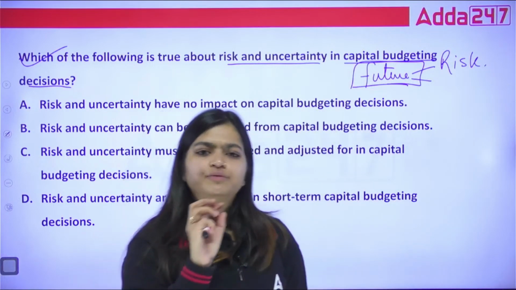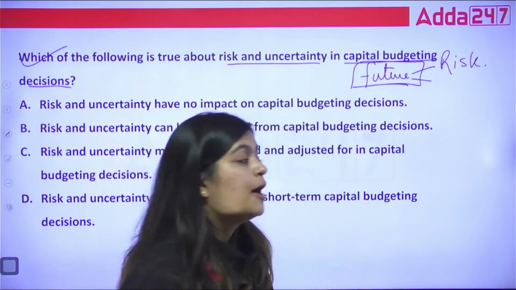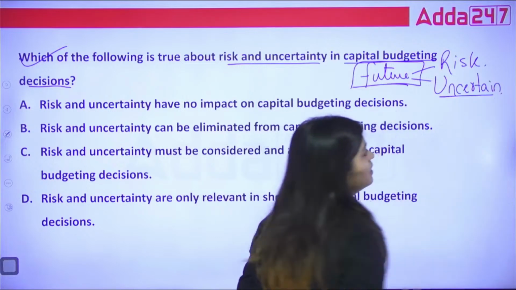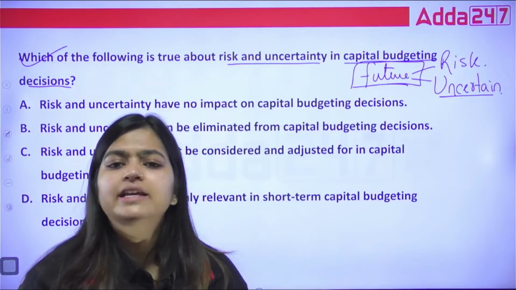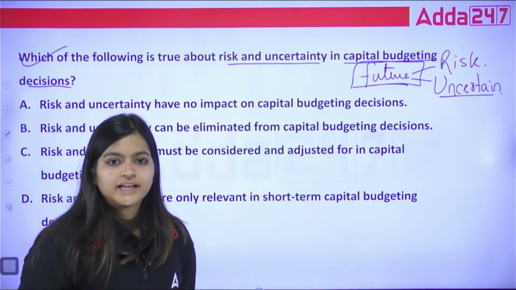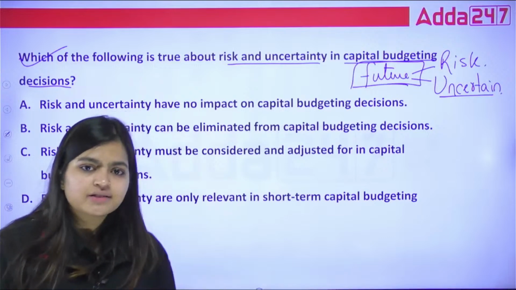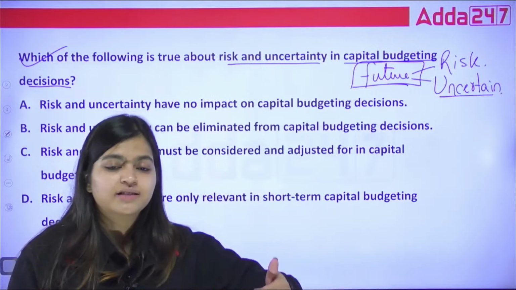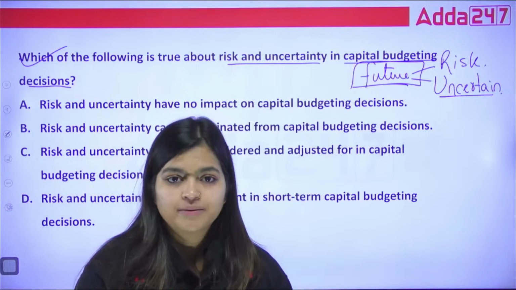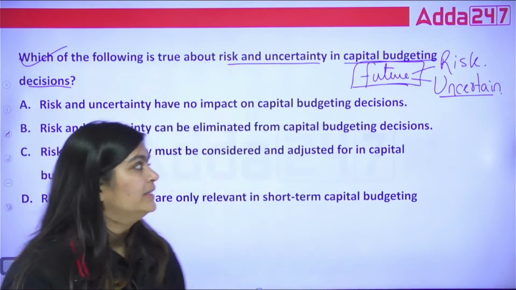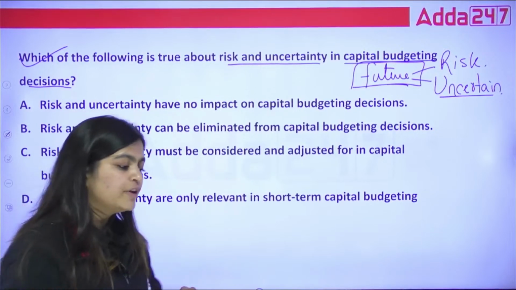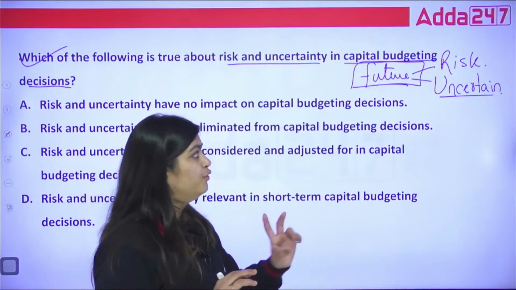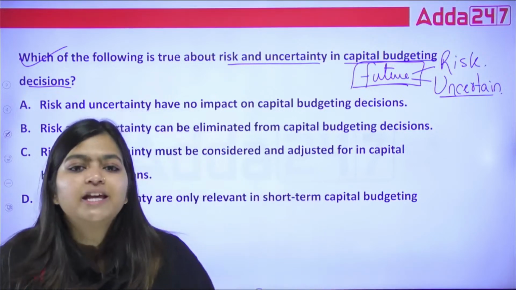You can calculate the risk portion, but you cannot totally calculate the uncertainty portion. Situations which are uncertain cannot be identified. But if we talk about risk, we have a few methods through which you can estimate that this much risk we can see in this particular project. So whatever projects we select, firstly we need to understand what risk and uncertainty we can see.